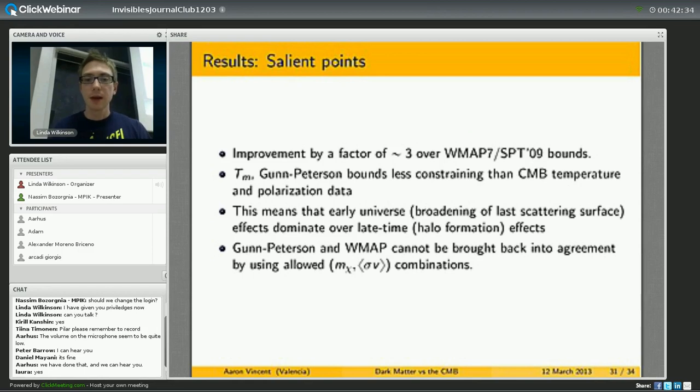And this means that in the end, it's annihilation in the early universe, at least for these channels, that dominates over late time effects in terms of constraining dark matter. And finally, we didn't manage to reconcile the Gunn-Peterson and the WMAP measurements by using energy injection from dark matter.